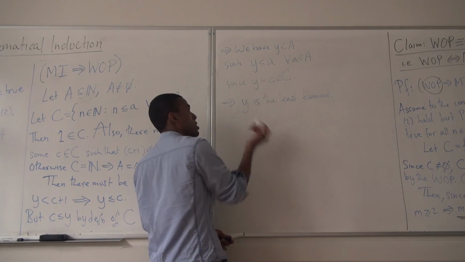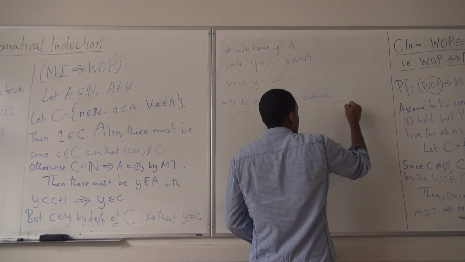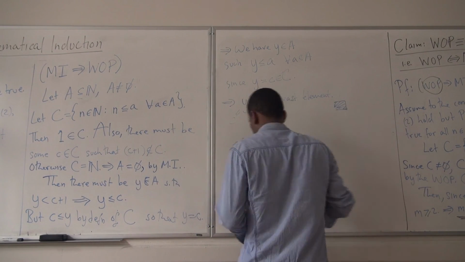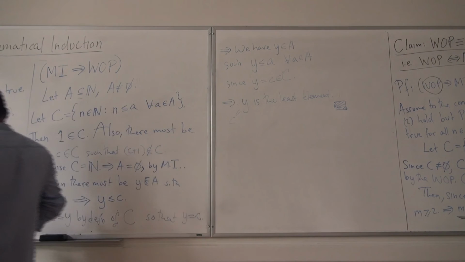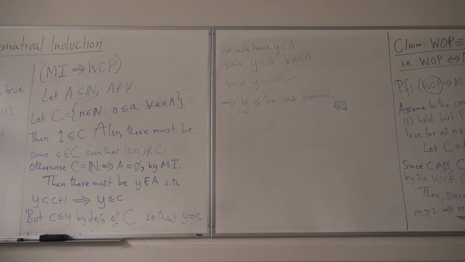It's actually equal to C. It's the least element. So that is difficult, right? That was tough, and it's supposed to be tough.